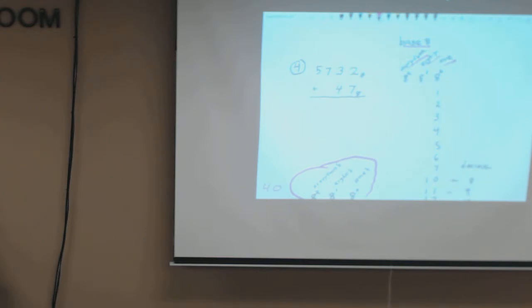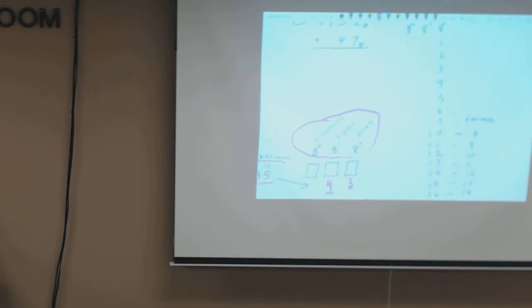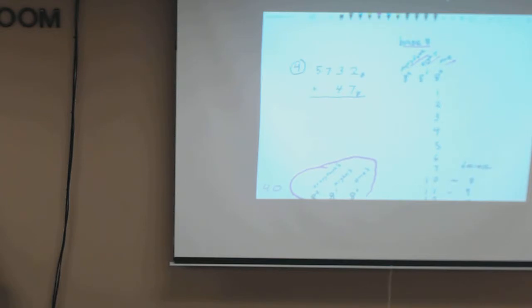Everybody see that? Then we probably ought to do what we were doing a while ago, like with binary. Let me come up here and put, here's base 8, and here's decimal.